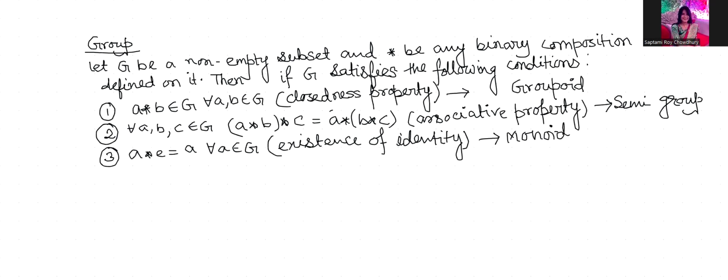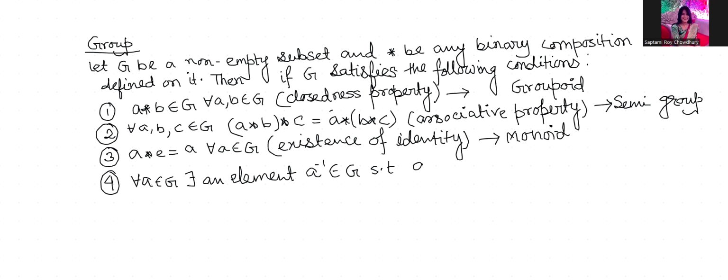And the last one, for all a belonging to G, there exists an element a dashed belonging to G such that a star a dashed equal to e. If these 4 conditions are satisfied, then we call G comma star a group.